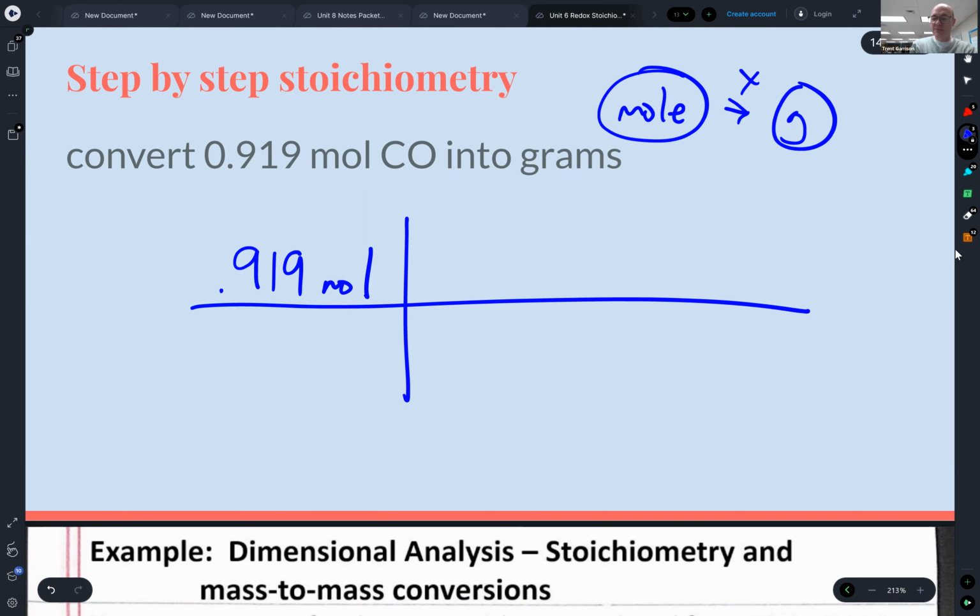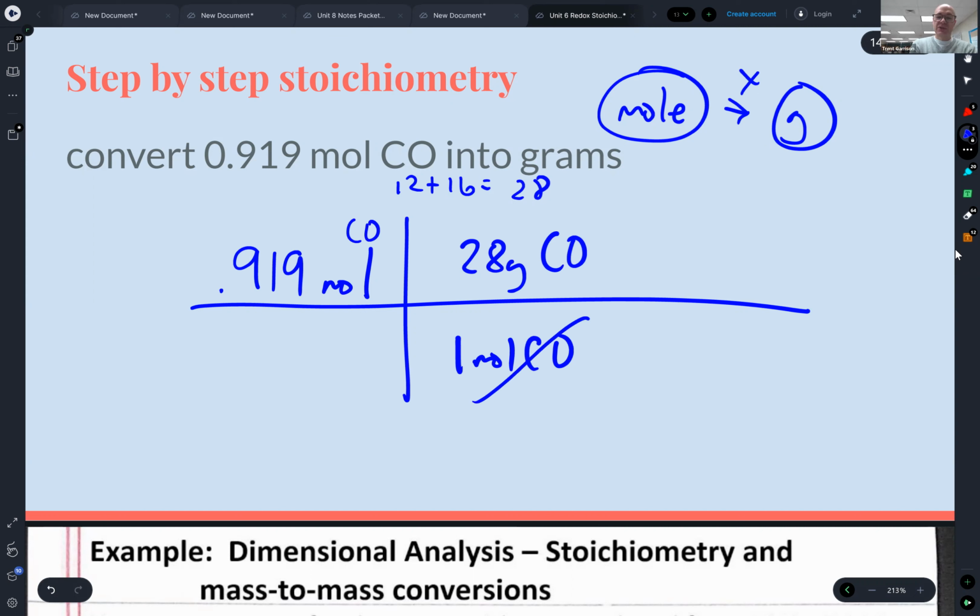So I'm going to multiply by the weight added up of this C plus O, which is going to be 28 grams for every 1 mole of CO. Those units are going to cancel out, and I got my value times 28, and I end up with somewhere in the neighborhood of 25.7 grams of CO.